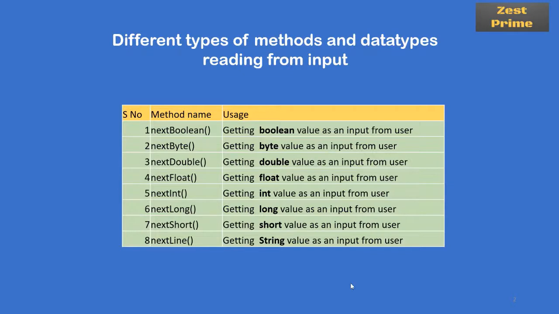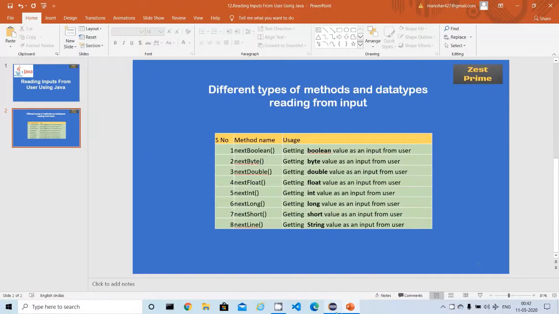These are the frequently used methods and corresponding data types: byte, boolean, double, float, int, long, short, string. We are going to discuss these as part of this video, and we are also going to do a small program to understand all the steps. So let's jump into the program part.